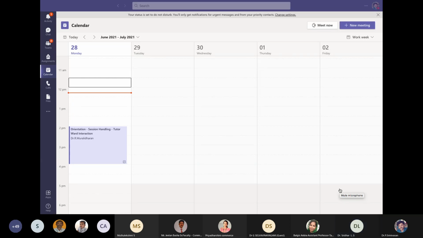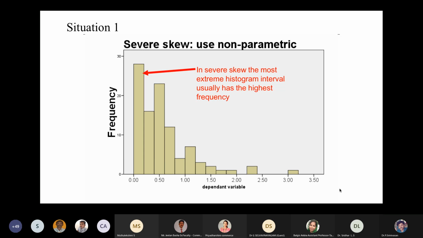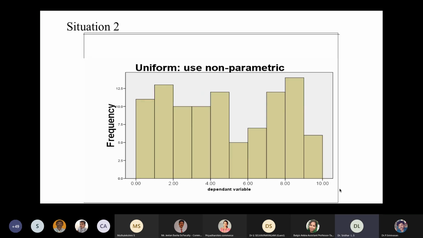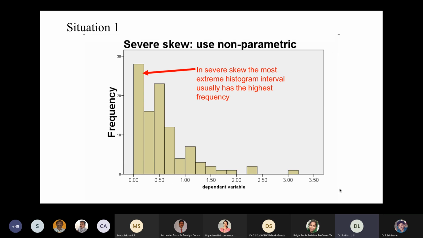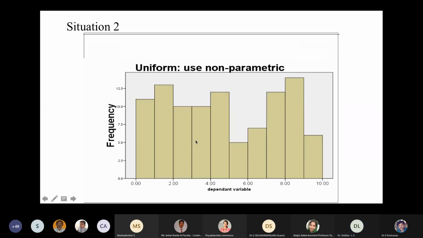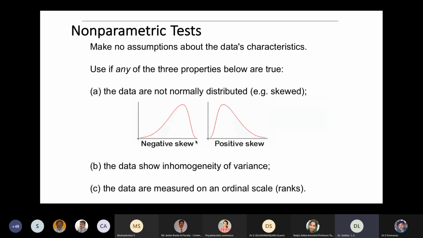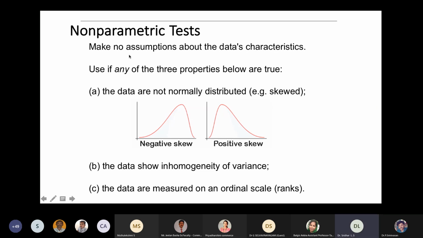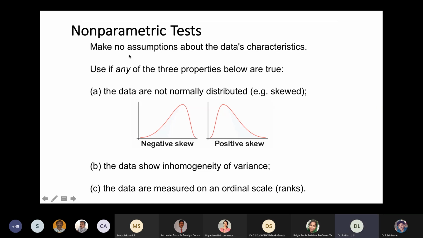Just go with the topic, sir. Let me know which topic is correct. Okay, sir. 24th slide, sir. Non-parametric test, sir. You can change to the 25th, sir.